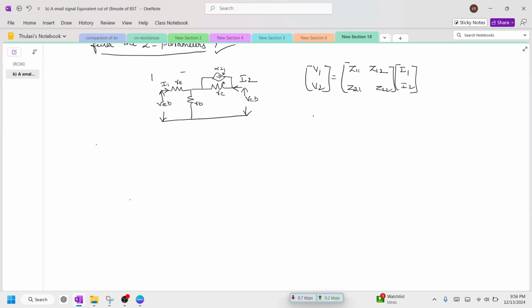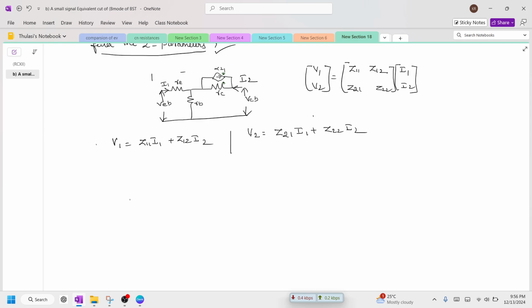Therefore, the equation of V1 is equal to Z11 I1 plus Z12 I2 is one equation. Second equation is V2 is equal to Z21 I1 plus Z22 I2.